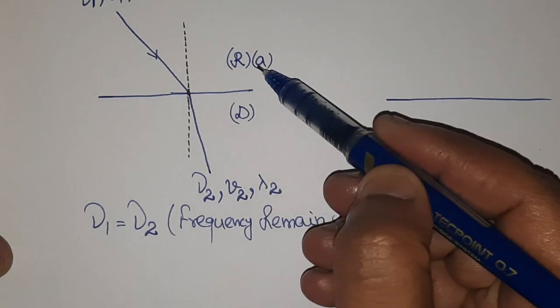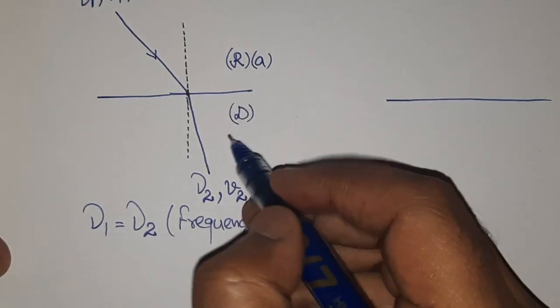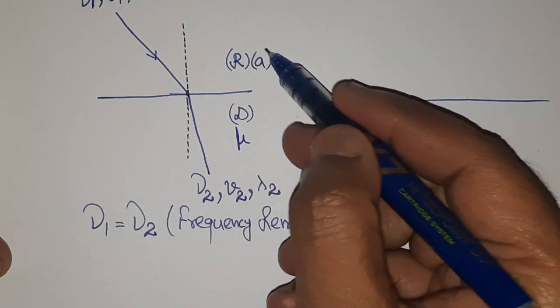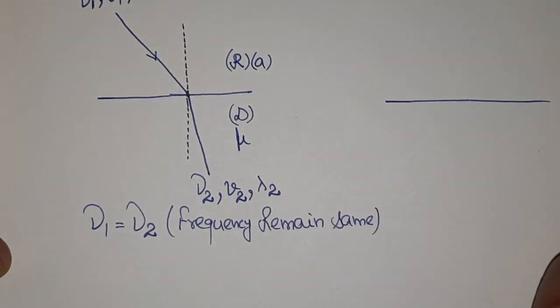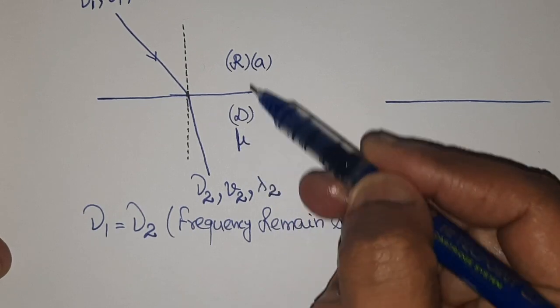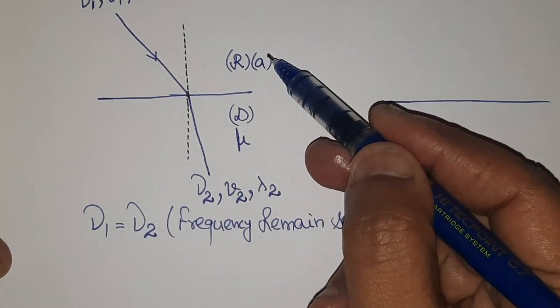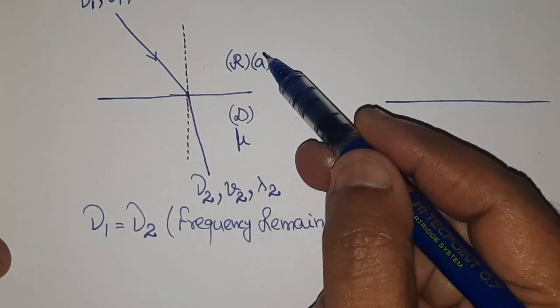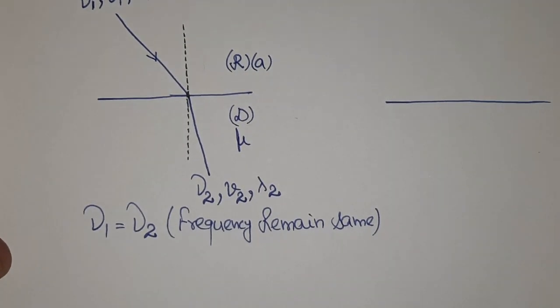Now this is the denser medium. It has refractive index mu with respect to this medium, that is air. This is its absolute refractive index, because we are defining it with respect to air, the other medium considered.